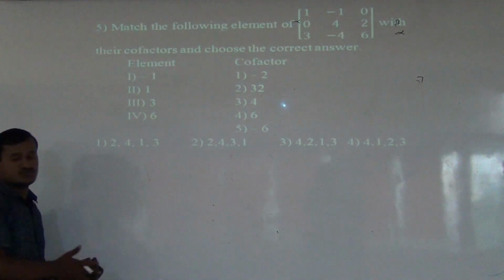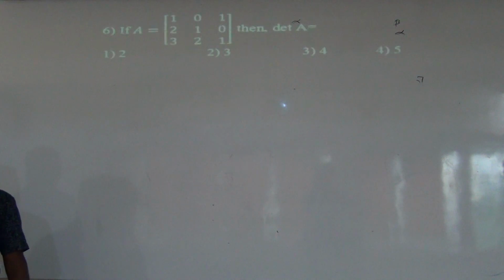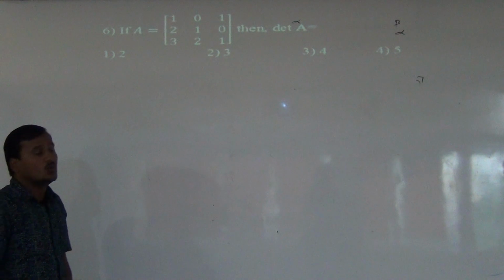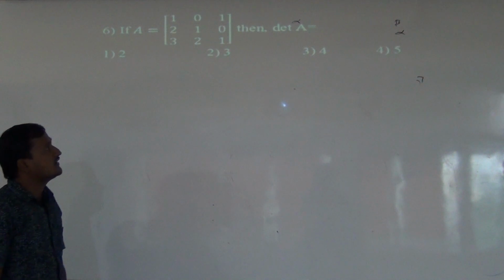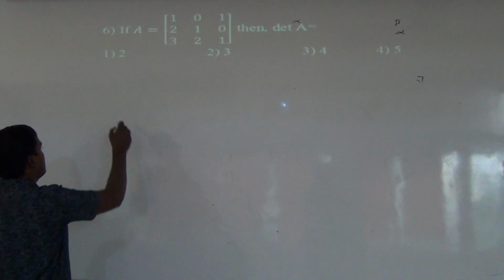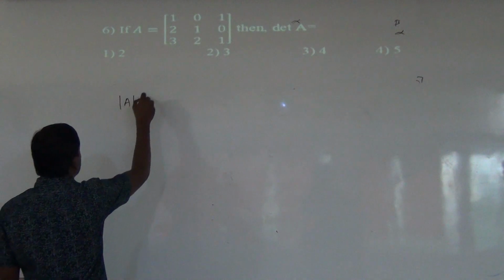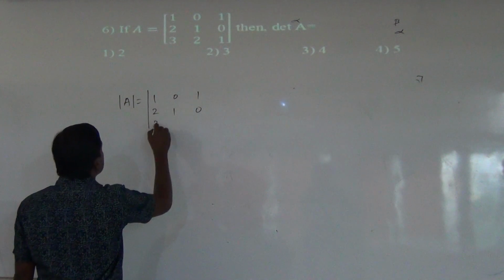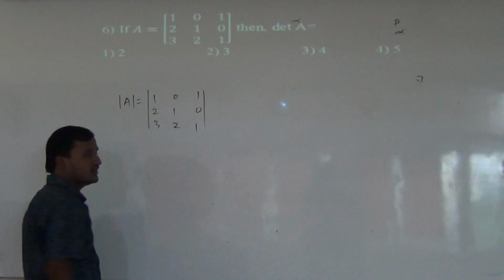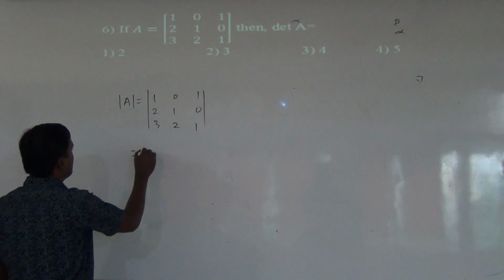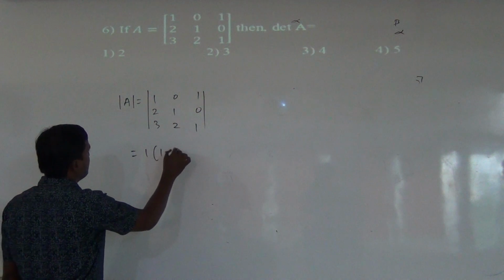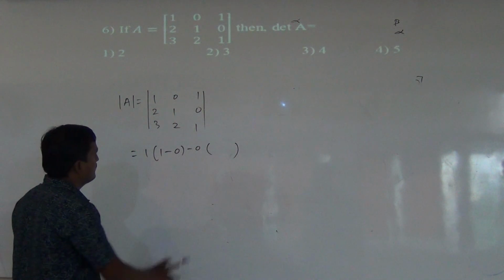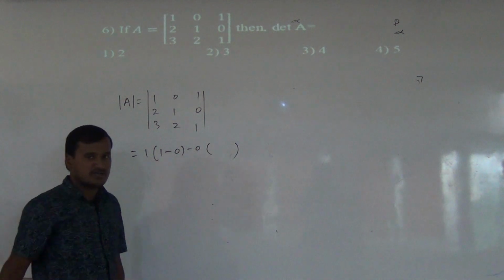Okay, the next question is this one, right? If A is equal to 1, 0, 1, 2, 1, 0, 3, 2, 1, then find the determinant of A. You already know how to find the determinant. So expansion: 1 into 1 minus of 0, minus 0 into this term, I will leave, because 0 into any term becomes 0.